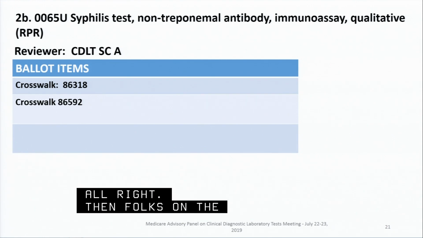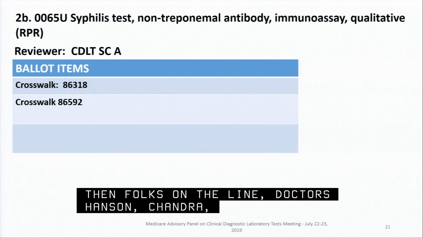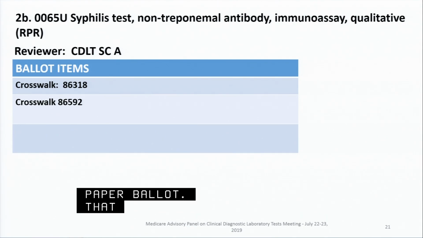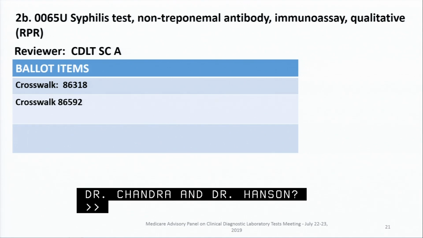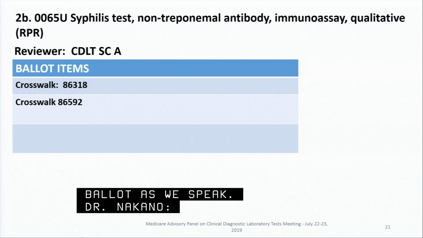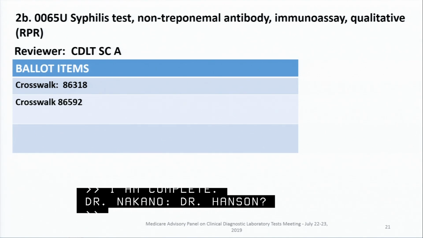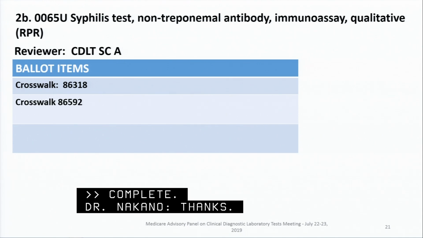Hansen, Chandra, and Baselski, please indicate that you are finished with the use of the paper ballot. So that's one. Dr. Chandra and Dr. Hansen. I'm working on the paper ballot as we speak. And Dr. Baselski, I think you're complete, or was that Dr. Hansen? I'm complete. Dr. Hansen? Complete. Thanks. All right. So, Dr. Chandra, can we move on? Yes. Thank you.